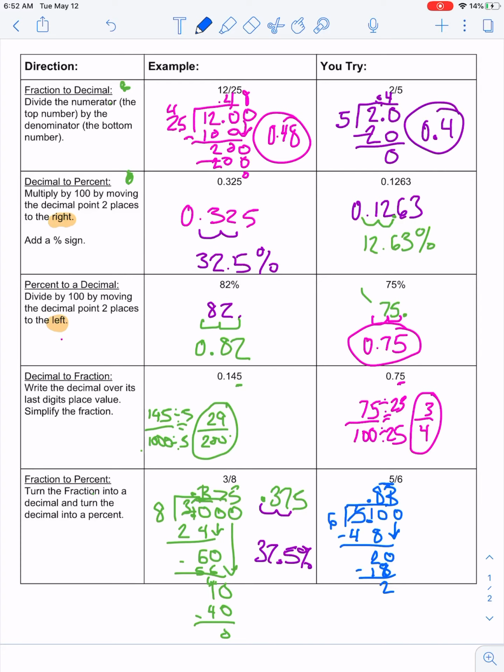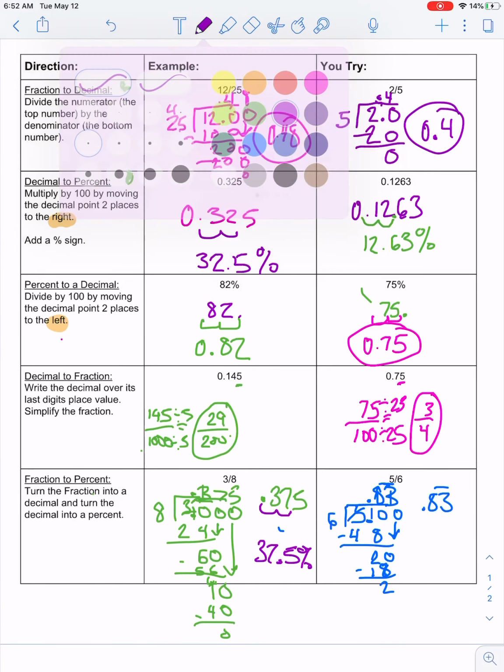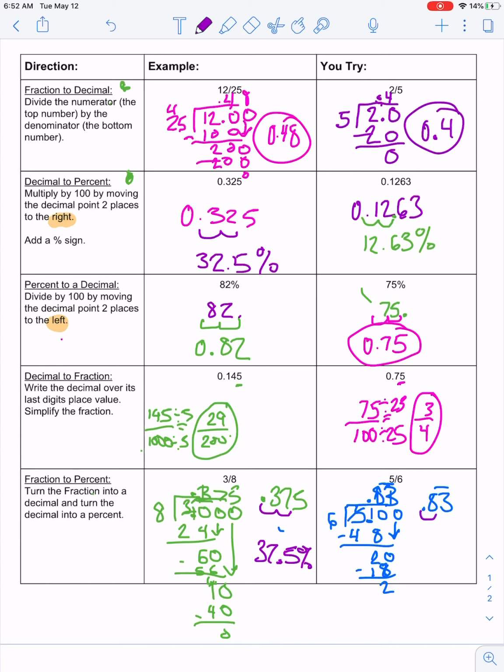So we're just going to leave it at 0.83 with the little repeating sign over the 3. So now we need to change our decimal into a percent. So we're going to move our decimal 2 places to the right. So we end up with 83%.